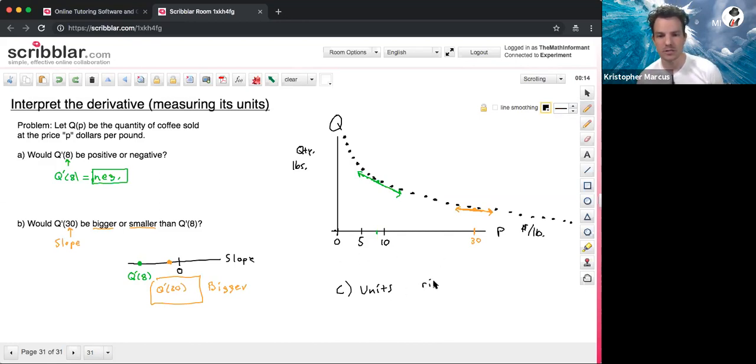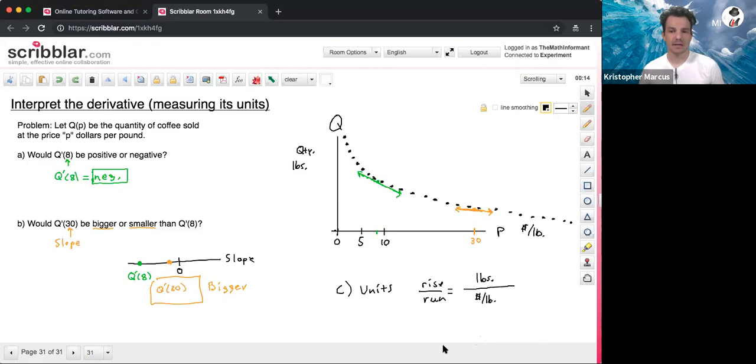So the units, just like the slopes that you've done, are in the rise over the run. And that's going to make this a very weird problem because the rise or fall was measured in pounds of coffee that get sold, and we're dividing that by the run. The run is measured in the horizontal: dollars per pound. It is the price of coffee per pound.